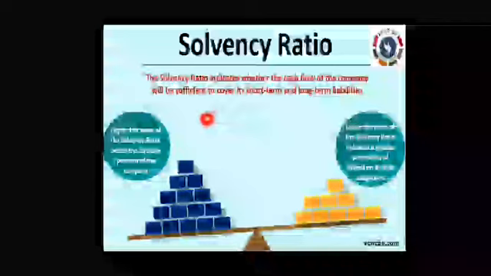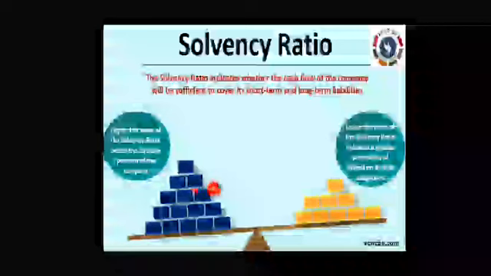If the solvency ratio is high, that means the company has sufficient resources to meet all obligations. If the solvency is low, then it is difficult for the firm to pay its debt and hence it will go bankrupt.